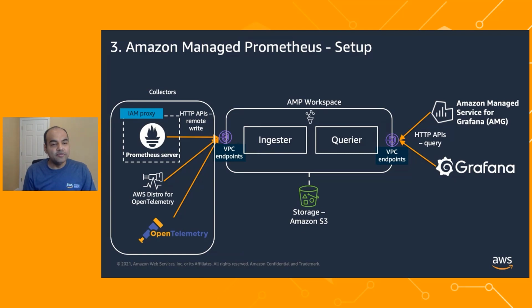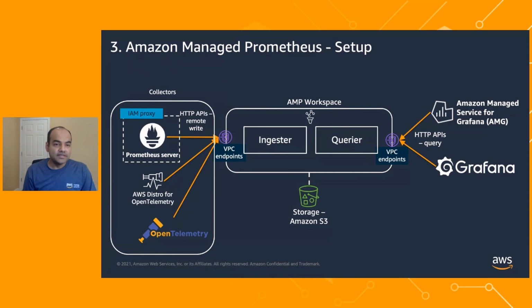Within it, there are two components, the ingester and the querier. The querier is what someone like Grafana talks to, and all the data is stored in Amazon S3. You can also use OpenTelemetry or AWS Distro for OpenTelemetry to send metrics to Amazon Managed Prometheus.